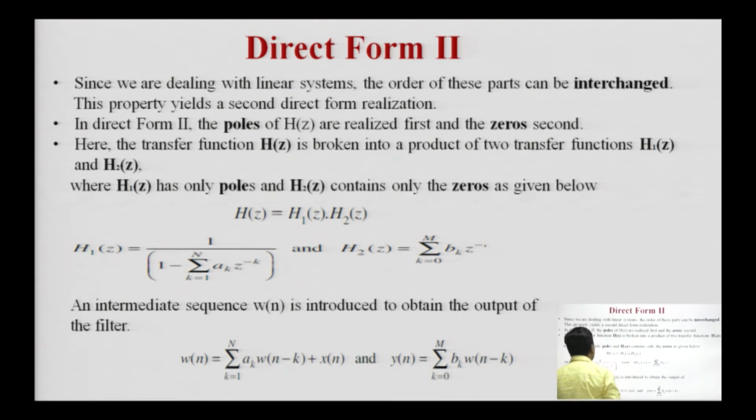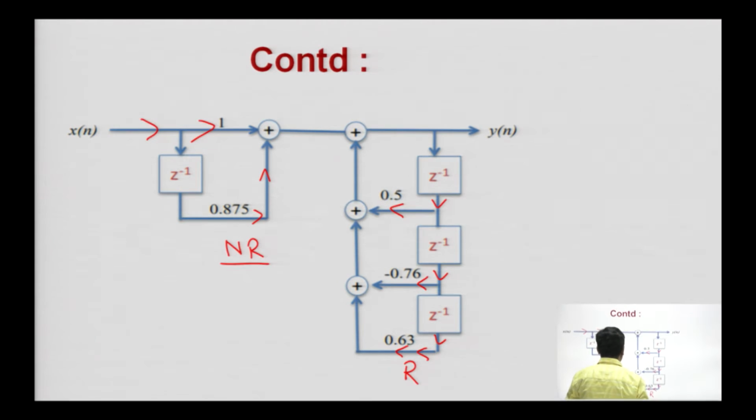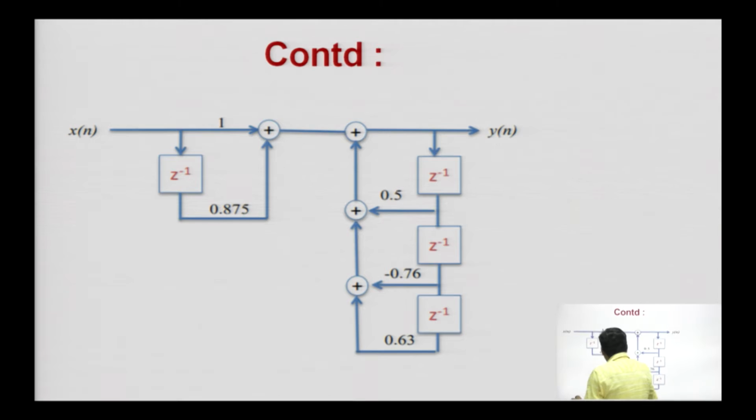Now, direct form 2. Okay. So, here what I told you will be direct form 1 structure. Why? Because at first you are putting the non-recursive and after that you are putting the recursive structure. But if you want to realize by direct form 2, the only difference is what?